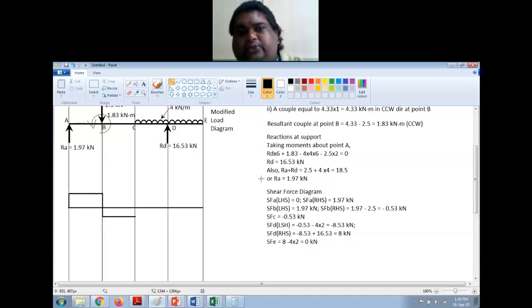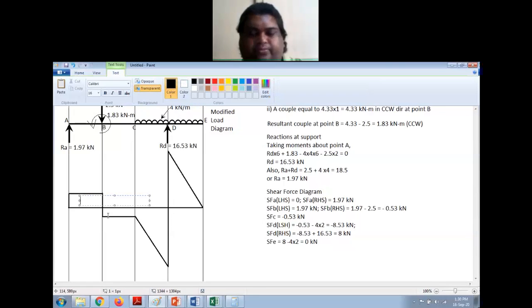From C to D, there is a UDL, because of which the shear force varies linearly, to minus 8.53. So let us show minus 8.53 somewhere here. Then at D there is one more jump, which is plus 8. So it increases to plus 8 here, and then at E it is 0, right? So this is your shear force diagram.